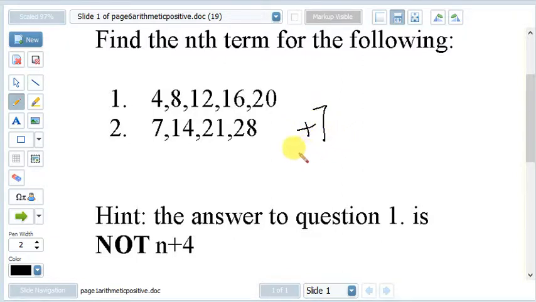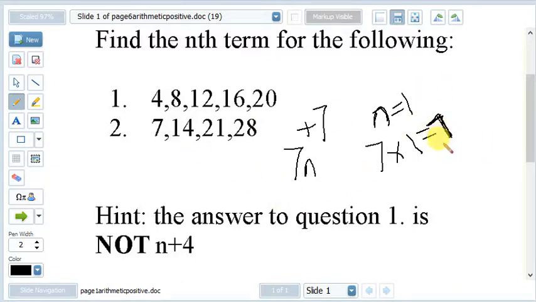Step 2, we put an n after the difference, which is 7n, and then we choose n equals 1, and we substitute n equals 1 into 7n. What that becomes is 7 times 1, which is 7.